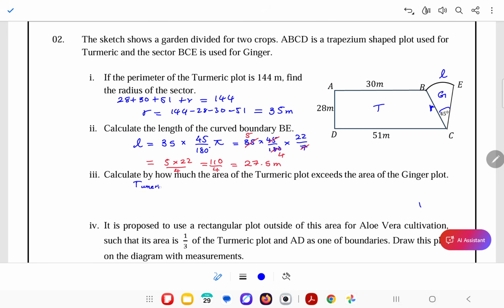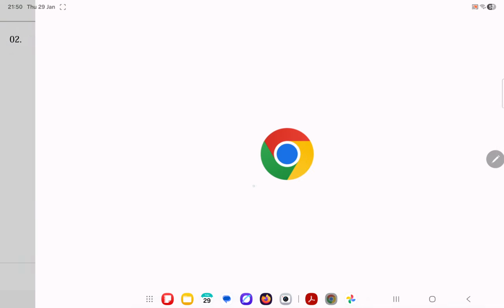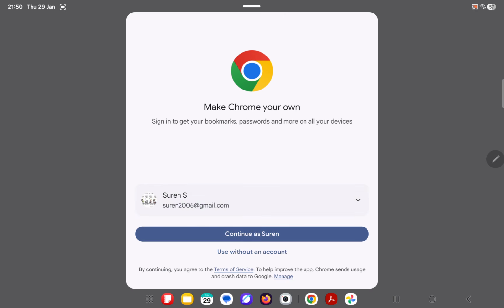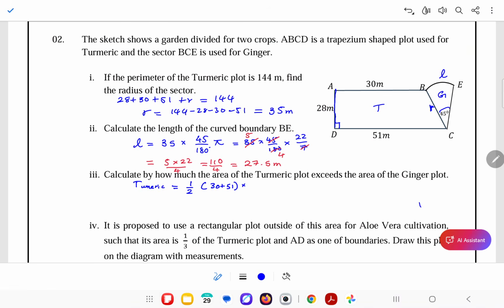Turmeric is half into the sum of the two parallel sides, the trapezium, no? 30 plus 51 into height AD, which is 28.